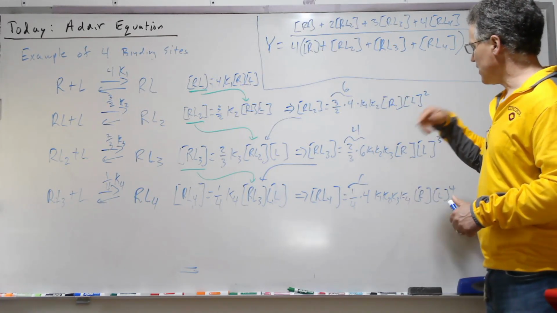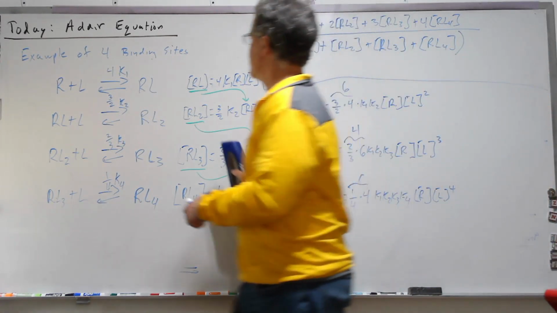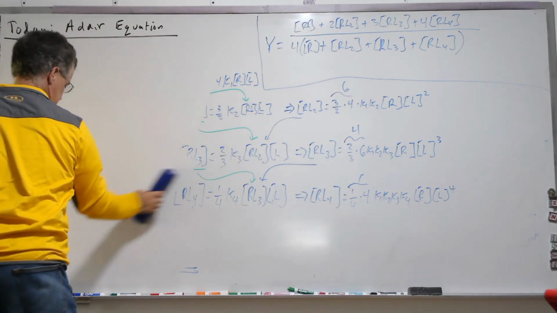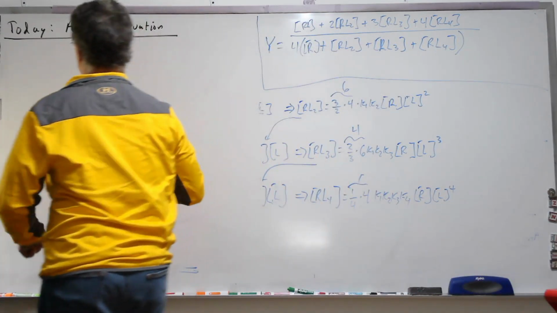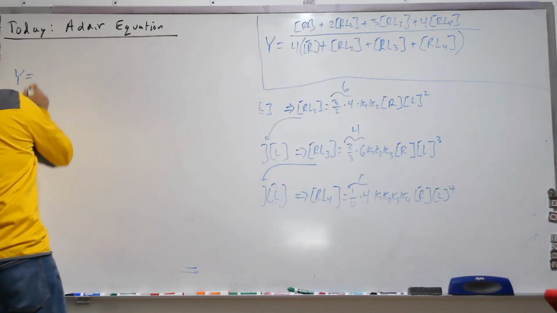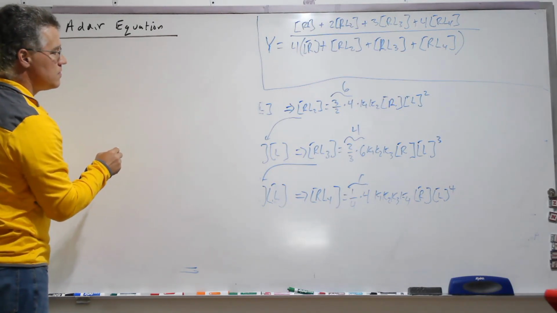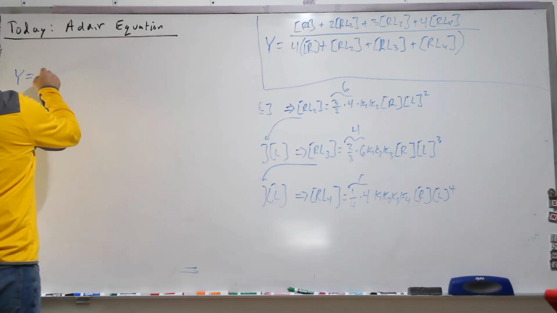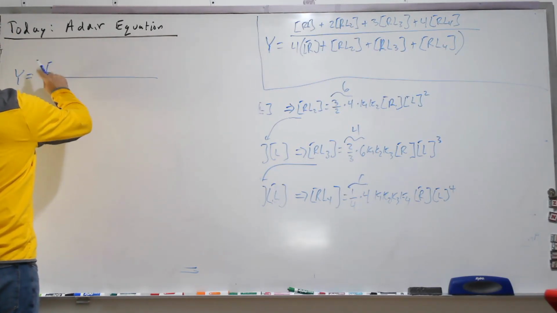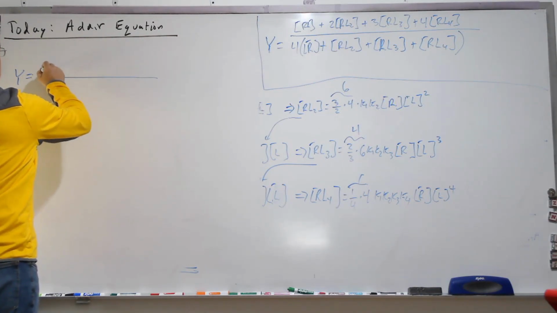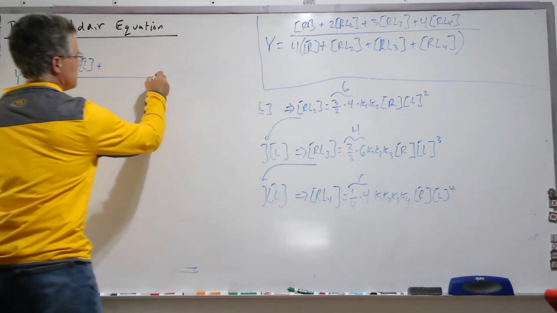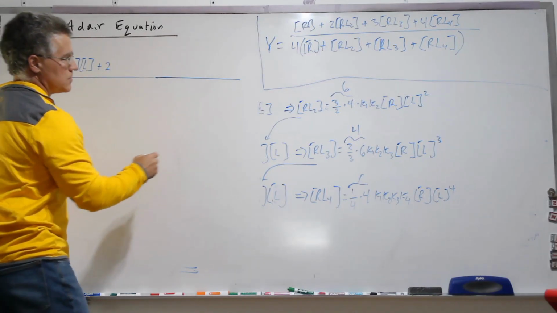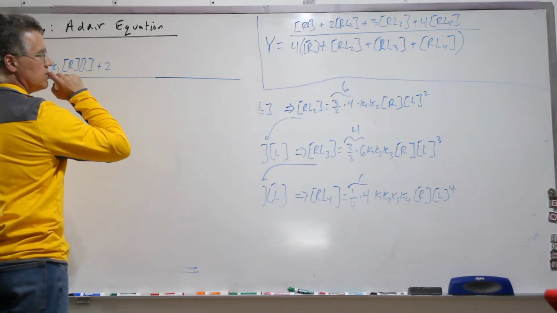So that's where those numbers come from again. All right, let's now substitute these in. RL2 is this. Let's see, 2 times.